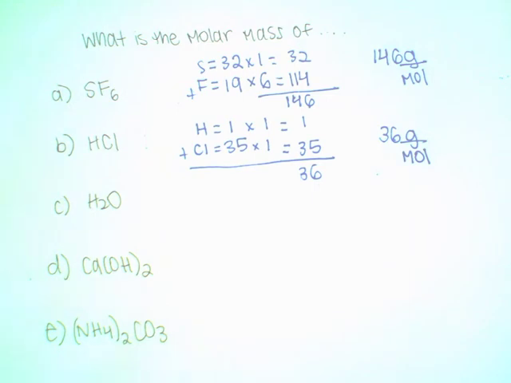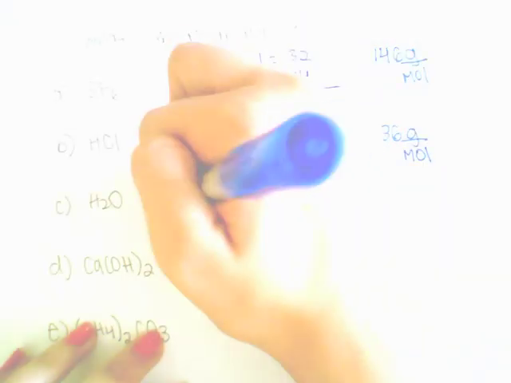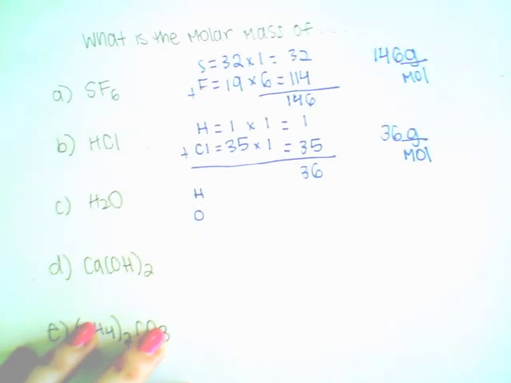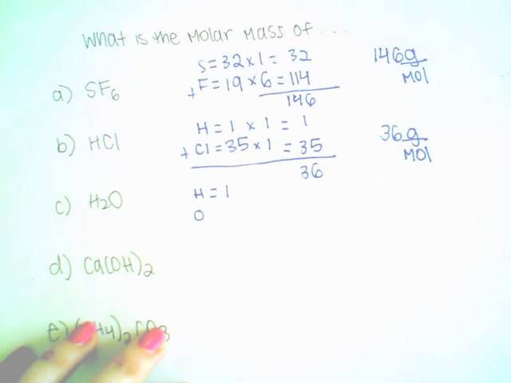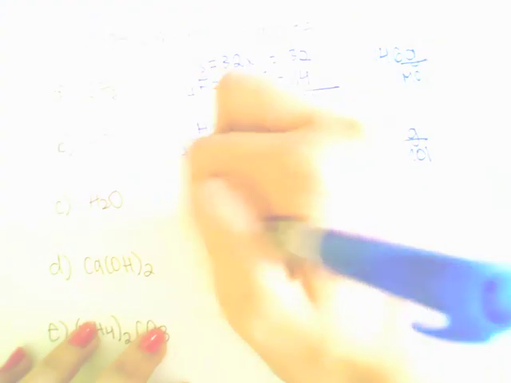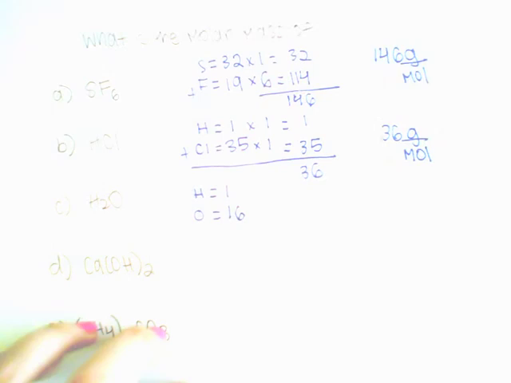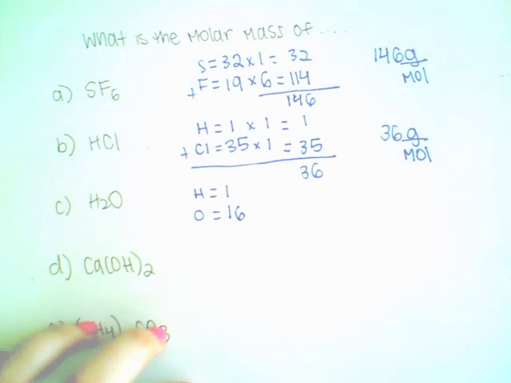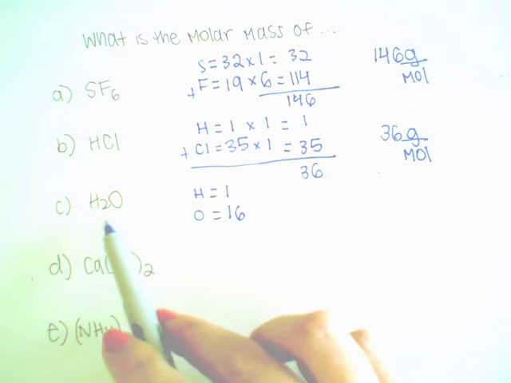So your answer is 36 grams per mole. In the next one, I have hydrogen and oxygen. The mass of hydrogen is 1. The mass of oxygen, 15.9994, rounds to 16. Now the most common mistake is students forget that we have a subscript of 2 next to hydrogen.